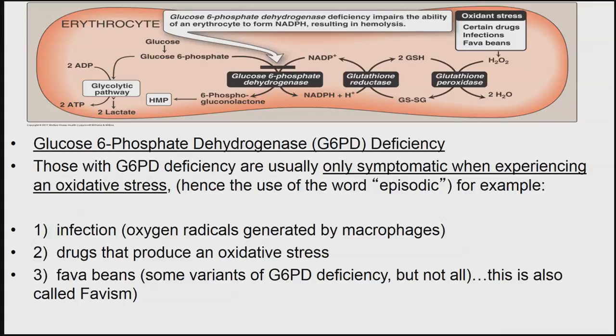I haven't really seen a particularly good explanation yet why it affects only certain variants. When I say variants, I mean there are different mutation types that cause G6PD deficiency. I haven't seen a good explanation why it affects some mutation types and not others. It's one of those things that remains to be proven. It may have been proven, and I just don't know the explanation, but it's something you will certainly encounter.